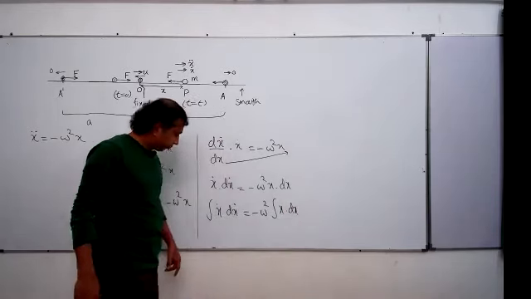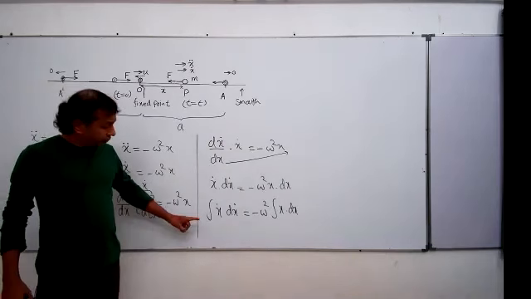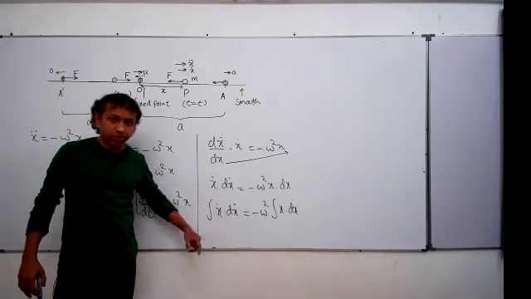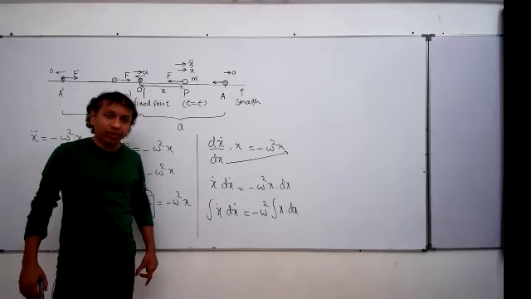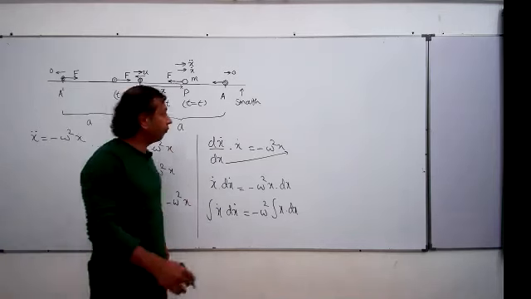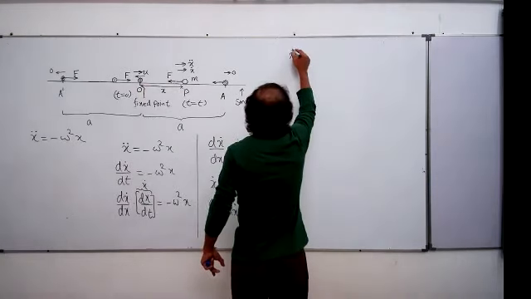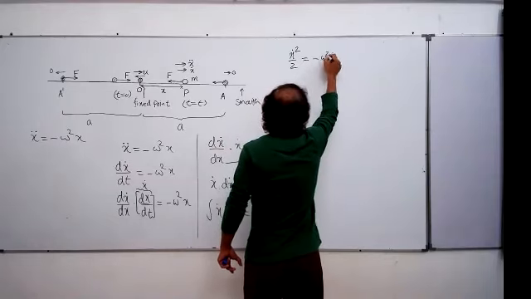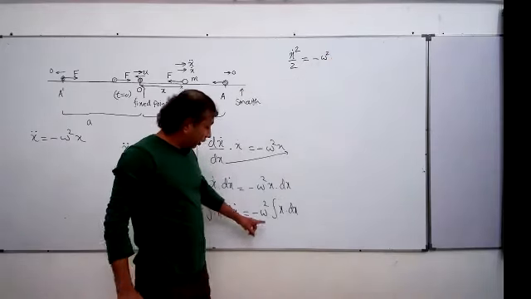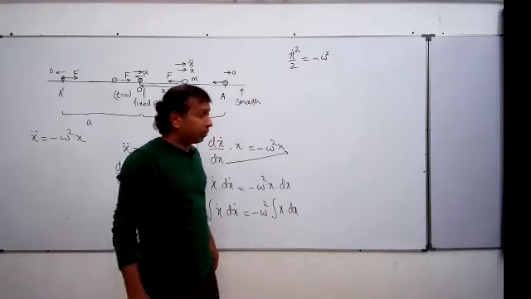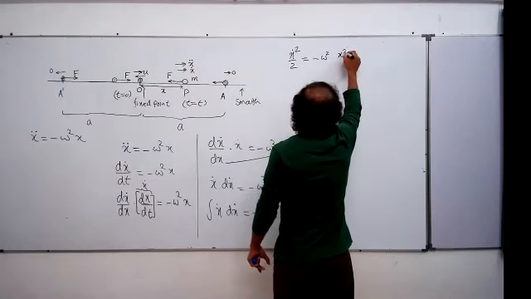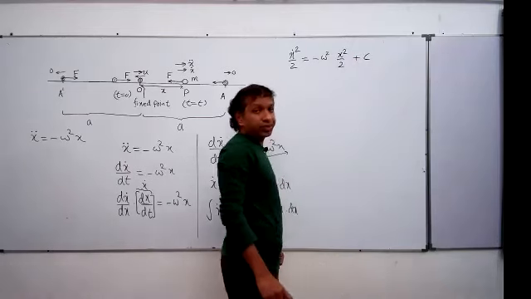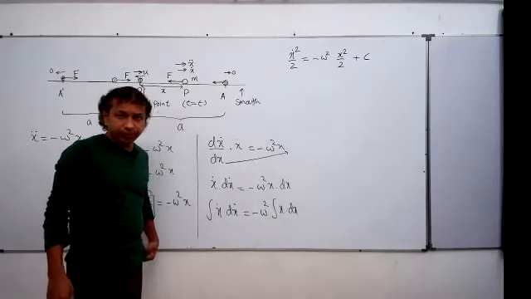The integral of x dot with respect to x dot is x dot squared by 2, equals minus omega squared times x squared by 2 plus c. C is a constant.